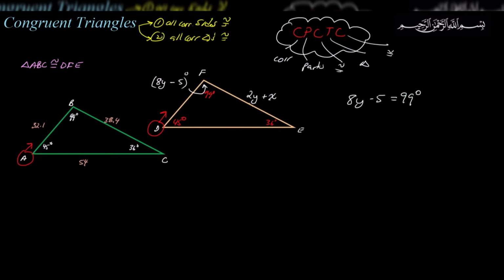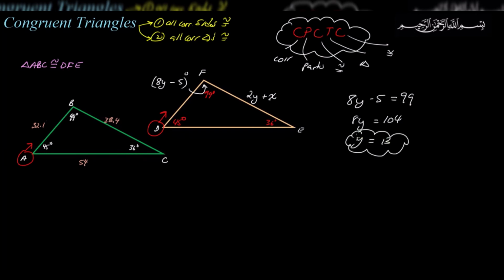How do we know that? Because angle F corresponds with B, and corresponding parts of congruent triangles are congruent. Now you can solve this: add 5 to both sides, you get 8y equals 104, and you divide both sides by 8, and you get y is equal to 13.